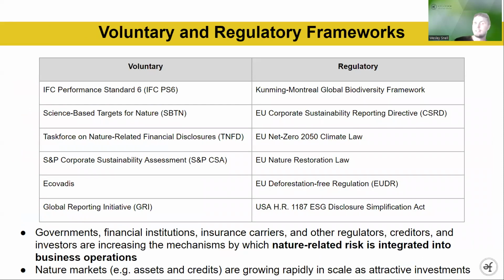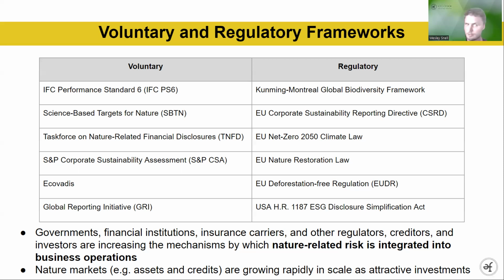And what we've seen is that there's been an explosion of voluntary initiatives and emerging regulatory mechanisms to help encourage both public bodies and the private sector align with these goals. So in the voluntary space, there are financing mechanisms and performance standards like the International Finance Corporation's Performance Standard 6 for biodiversity and ecosystem services.